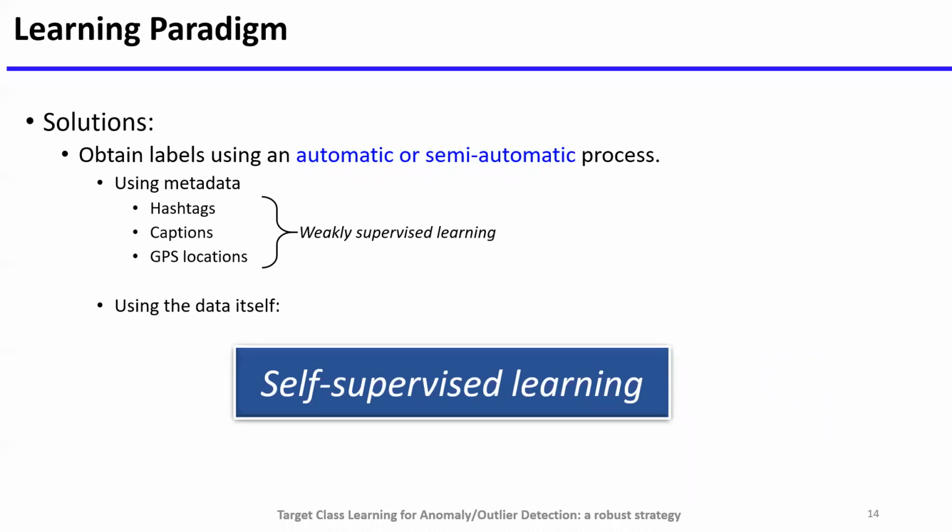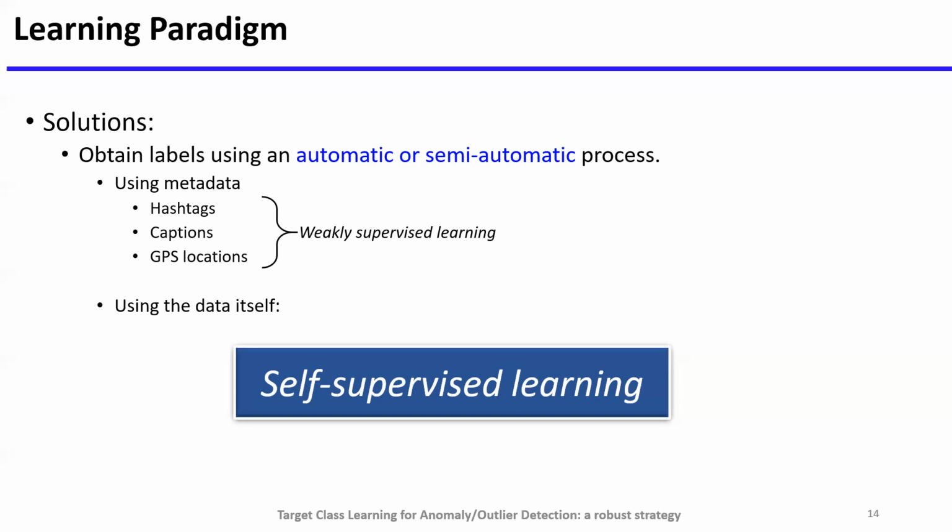One can suggest that we obtain the labels dynamically, or automatically, or with less effort, that is, semi-automatic processes. For that we can use metadata, GPS locations, captions, hashtags, and some other representative parameters. This can be a weakly supervised learning approach.